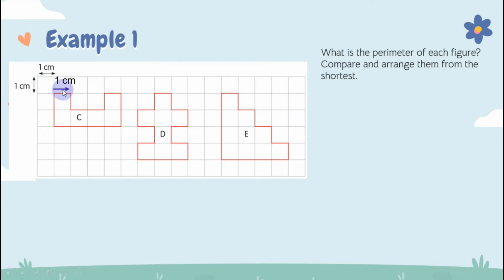We start to count from the blue here, 1 centimeter. Perimeter of figure C equals 1, 1, 2, 1, 1, 2, 4, 2 equals 14 centimeter.